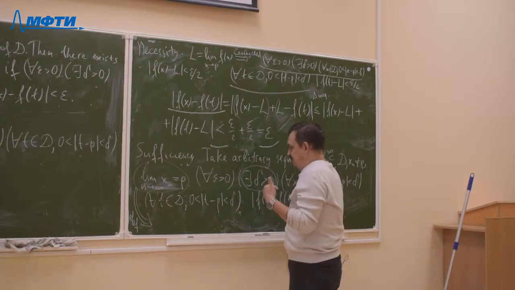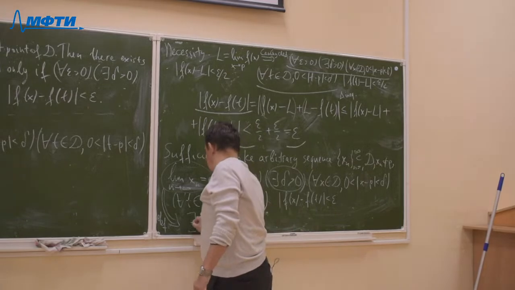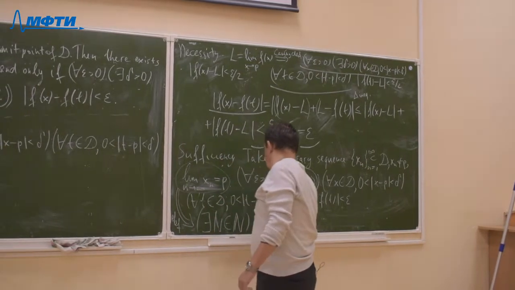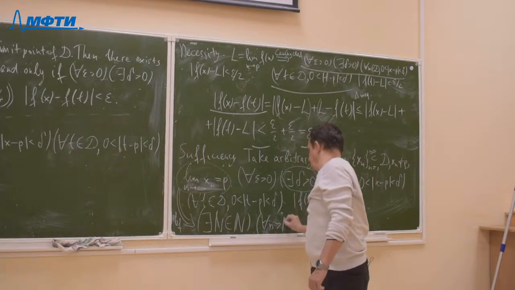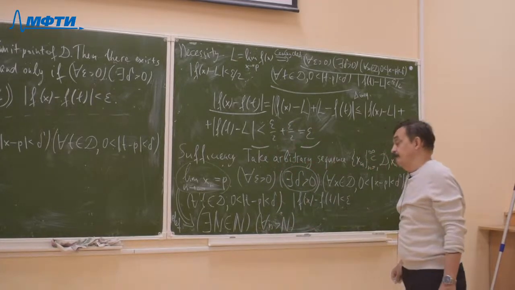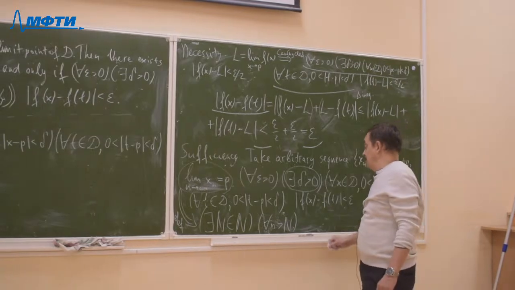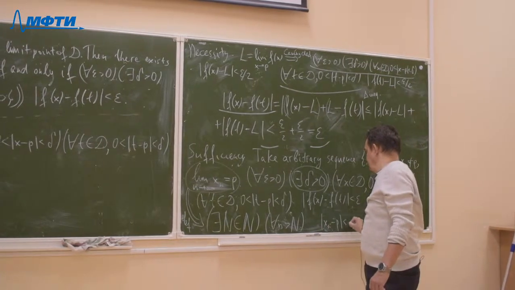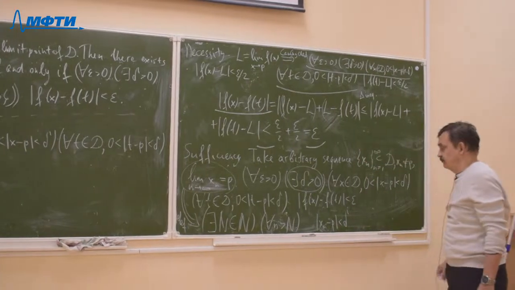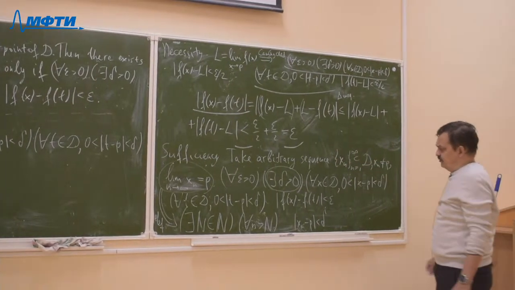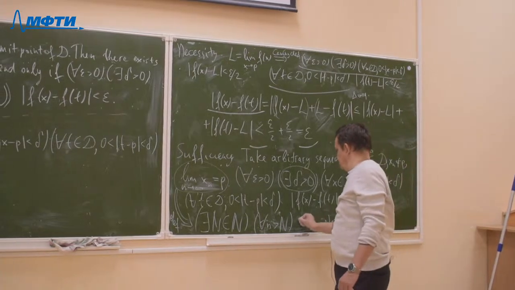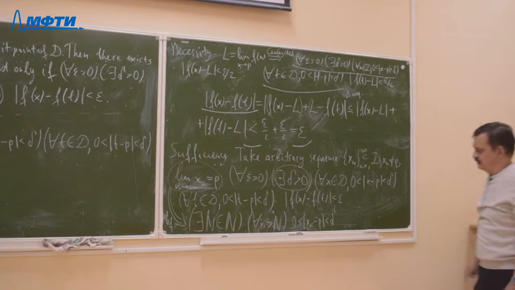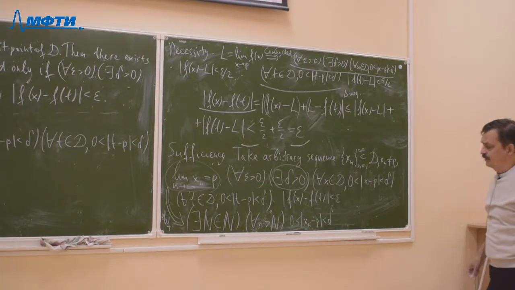For that delta, there exists a natural N such that for all n greater than this capital N, we have the inequality |xn - p| less than delta. Moreover, it is also greater than 0 because of that supposition, and of course all xn are in D, right?